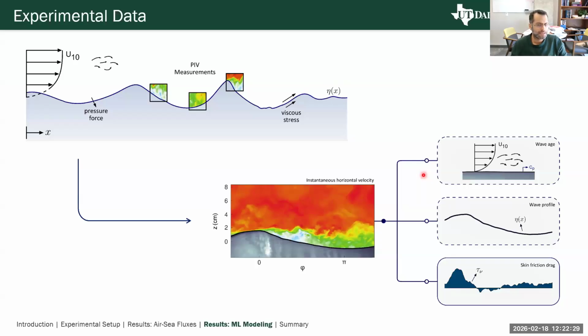So the idea is, let's develop a model that can get the input from wave profile that is cheap to measure and then predict something that is very expensive to measure. And that prediction can be used for the larger scale models in order to improve these predictions.